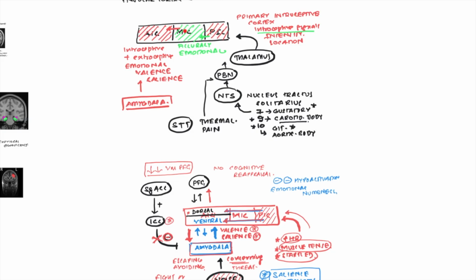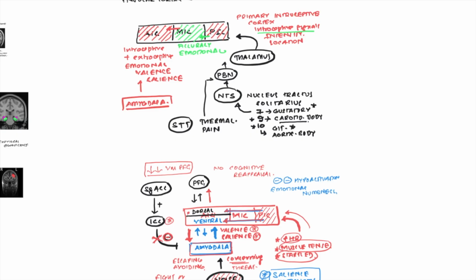It will forward these signals to the anterior insular cortex, which also receives information from the amygdala, which is going to attribute a salience and a valence to the stimulus. The anterior insular cortex is going to integrate the interoceptive signal and the exteroceptive signal, with the valence and the salience information, or the limbic or the emotional information, that it's getting from the amygdala. So the anterior insular cortex is responsible for the subjective experience of the emotions.